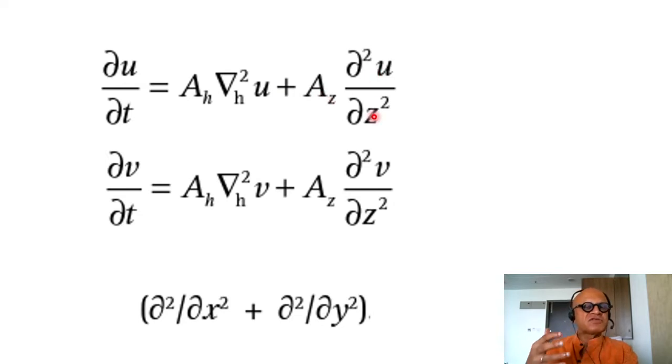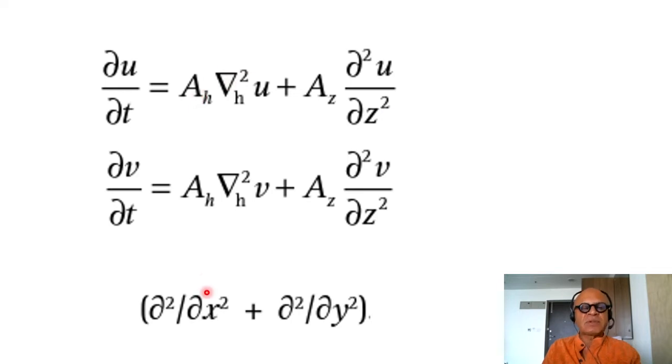We are using diffusivity, viscosity, and mixing all together here because diffusivity is typically used for tracers like temperature and salinity, and viscosity is used for momentum because it's related to motion, right? So these are eddy viscosities, and we used eddy diffusivities for temperature and salinity.